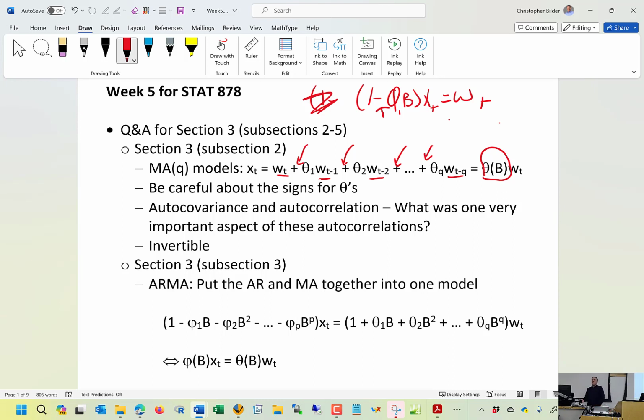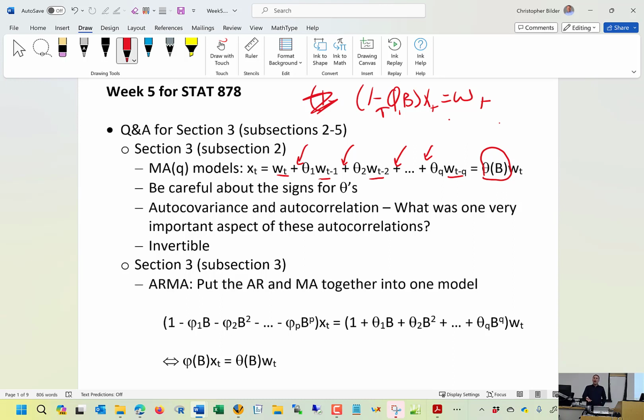And this matters when we simulate data from one of these models. It matters when we ask R to give us what the ACF looks like, or now as you've seen the PACF. It matters also eventually in the next set of notes where we actually estimate these models. So we need to make sure that we get that phi right. We need to make sure that we get the theta right.